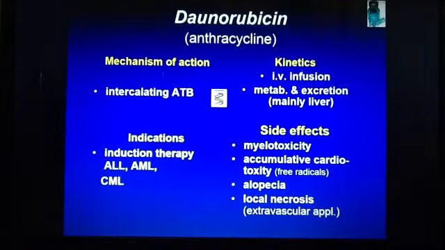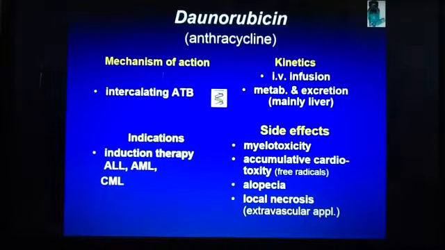First, doxorubicin, which is an anthracycline. Mechanism of action: intercalating antibiotic. Indications for induction therapy: ALL, AML, and CML. Kinetics: IV infusion. Metabolism and excretion: mainly it goes through the liver.